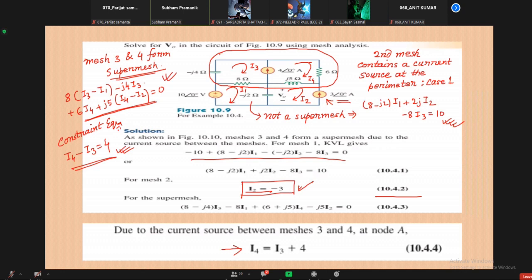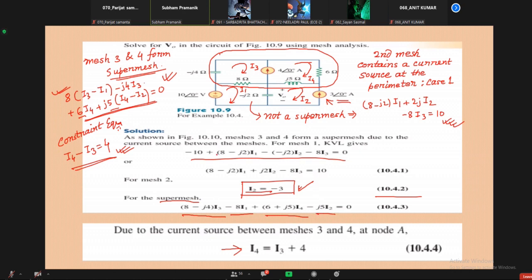See what we got from the super mesh: 8 minus j4 into I3 for the super mesh, minus 8 I1, 6 plus j5 into I4, and minus j5 by 2.